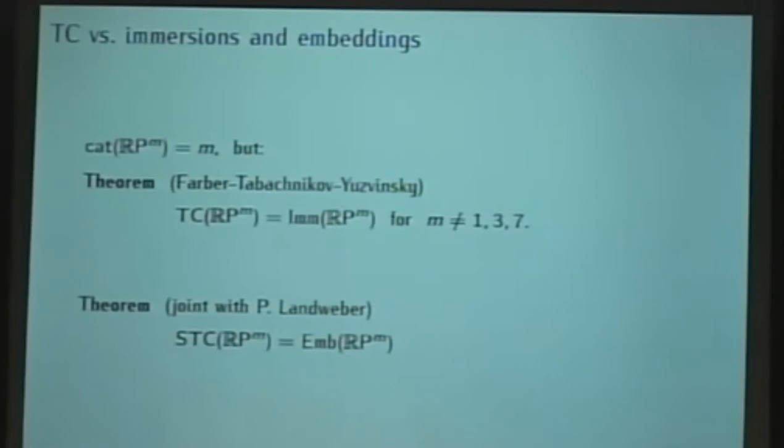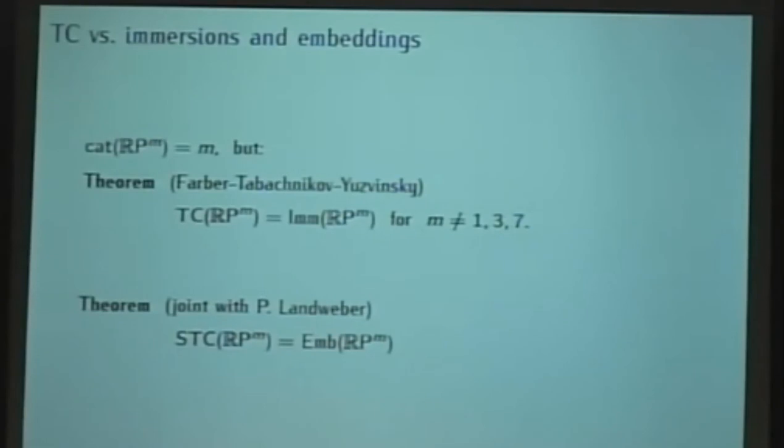It captures a little bit more of what is going on in there. For instance, in the case of real projective space, the category is easy to compute. That's just the dimension of the space. However, the topological complexity of that manifold actually agrees with the smallest dimension of Euclidean spaces where this manifold can be immersed. So this is very surprising.